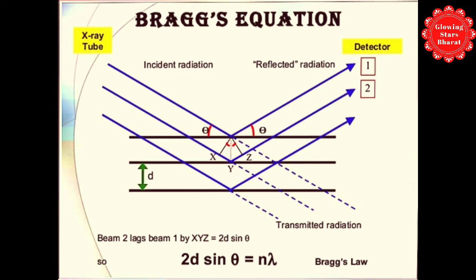The diffracted beam makes an angle 2 theta. d is equal to the distance between planes of the constituent particles in a crystal. n is an integer 1, 2, 3, 4, which represents the serial order of diffracted beams. So dear students, this is very important. Bragg's equation: n lambda equal to 2d sin theta.